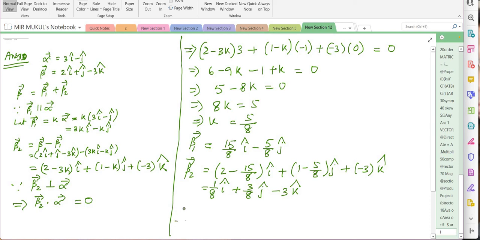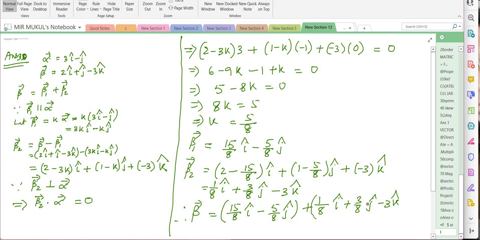So therefore beta equals 15 by 8 i minus 5 by 8 j plus 1 by 8 i plus 3 by 8 j minus 3k.